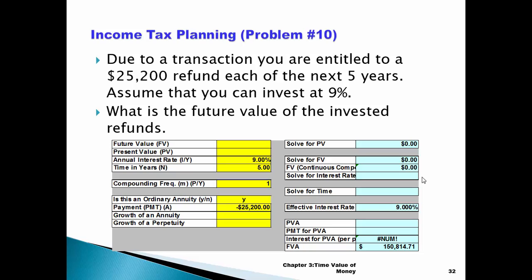What's this going to be worth at the end of 5 years if you reinvest it all? Interest rate's 9%. Time in years is 5. You get 1 per year, so the compounding frequency is 1. And of course the payment, you're going to invest $25,200 a year. That's going to ultimately be worth $150,814 at the end of 5 years.